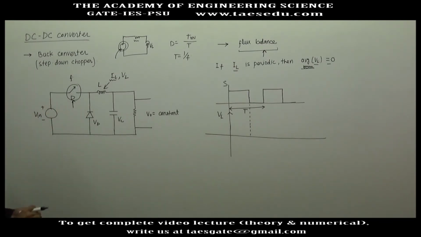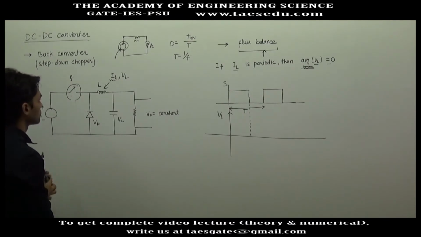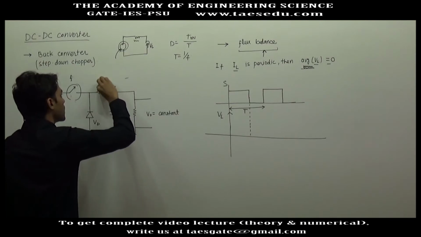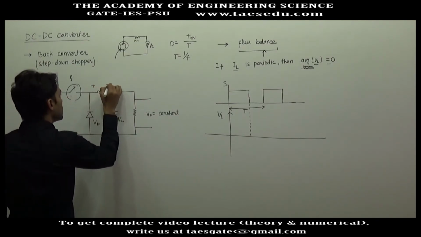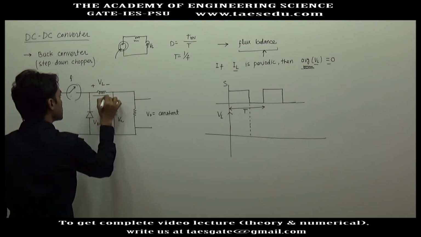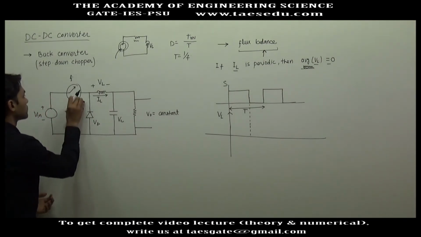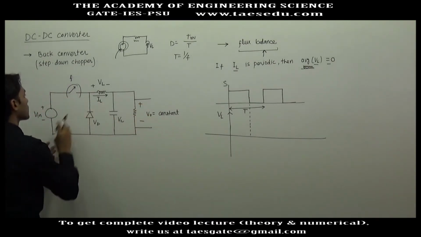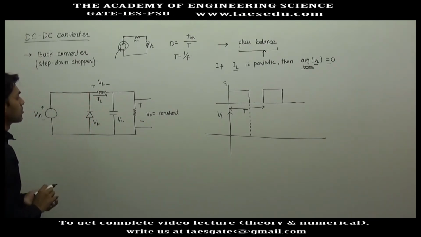Okay, when the switch is connected, now we have to draw inductor voltage. So first we will have to choose the inductor voltage reference, and this is the inductor current reference. This is the output voltage reference. Now when this switch is connected, what will be the inductor voltage?